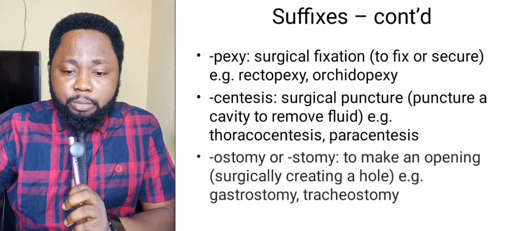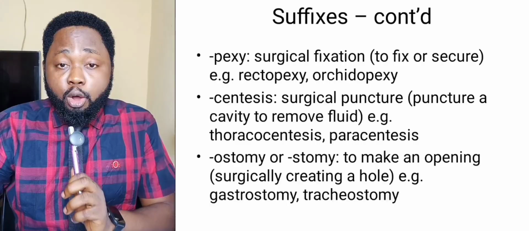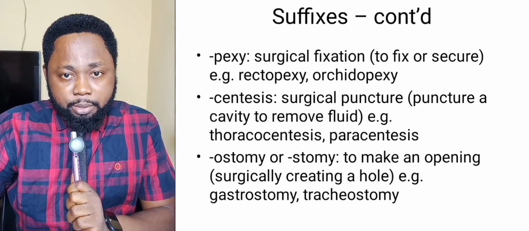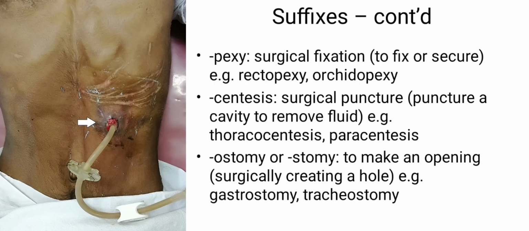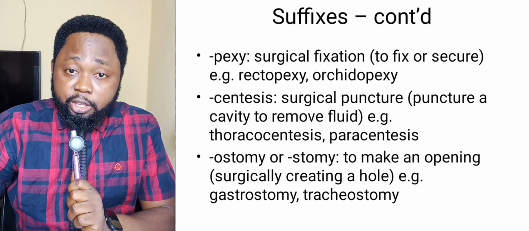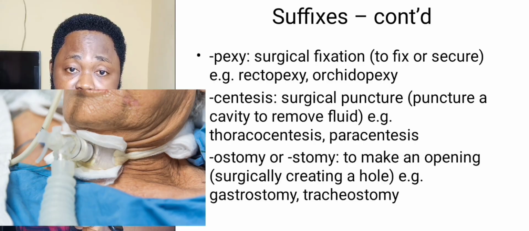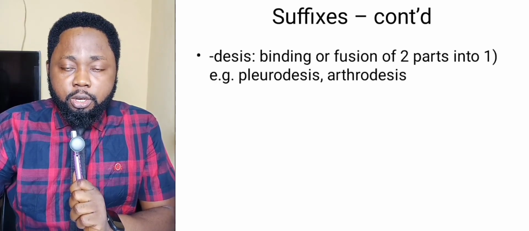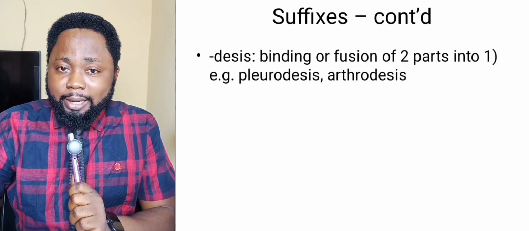Ostomy or stomy means to make an opening or to surgically create a hole. Examples: gastrostomy, which means to surgically create a hole into the stomach; tracheostomy means to surgically create a hole into the trachea. Desis means binding or fusion of two parts into one.